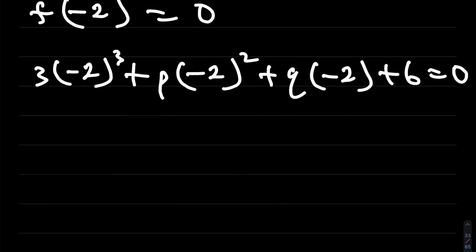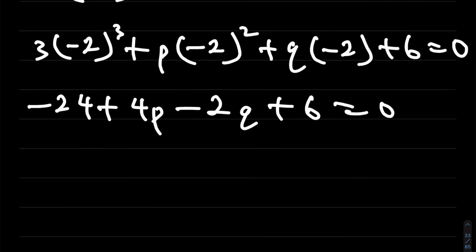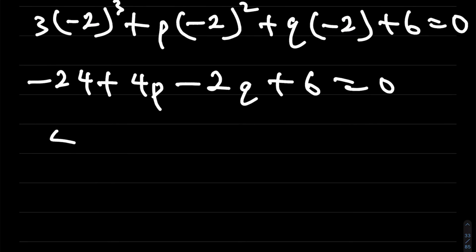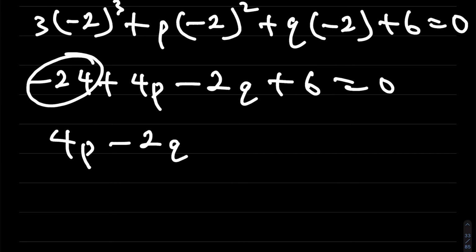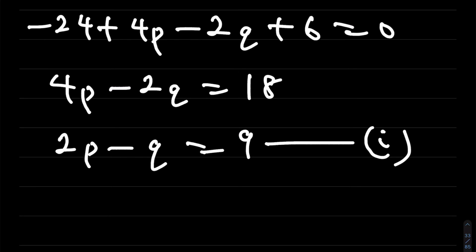Minus 2 cubed is minus 8, times 3 is minus 24. Minus 24 plus 4p minus 2q plus 6 equals 0. This simply means 4p minus 2q equals 18, since minus 24 plus 6 is minus 18 and it becomes plus 18 on the right hand side. If I divide through by 2, I get 2p minus q equals 9. Let's call that equation 1.